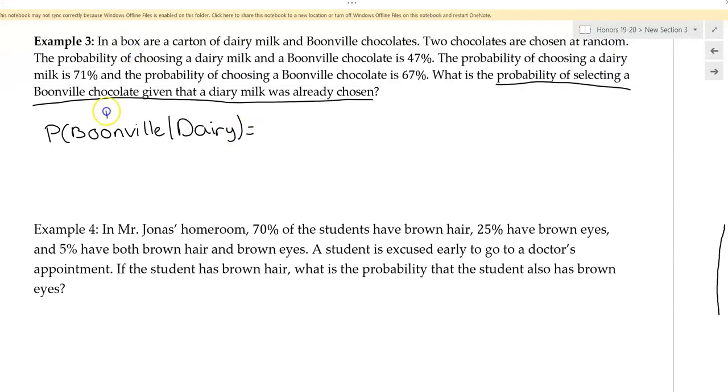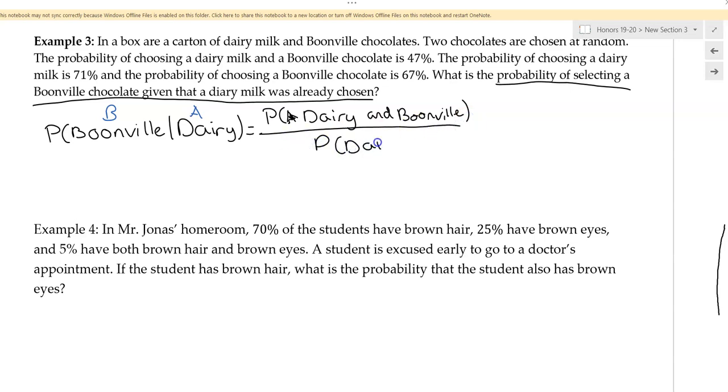So again, that means this is B and this is A. So then the probability of A and B means dairy and Boonville, divided by the probability of dairy.